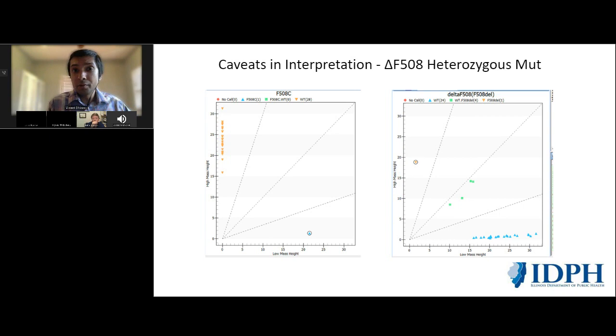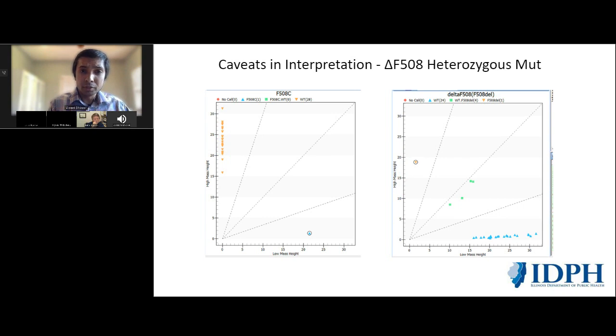With this being one of the most common mutations, usually what you'll see with the green squares here is a heterozygous mutation. However, special attention must be applied to anything that's homozygous for the delta 508, because you also need to see what is the status of the F508C in that same patient.